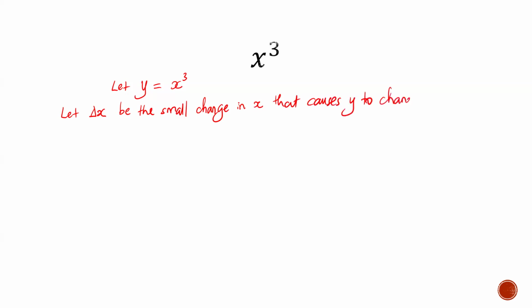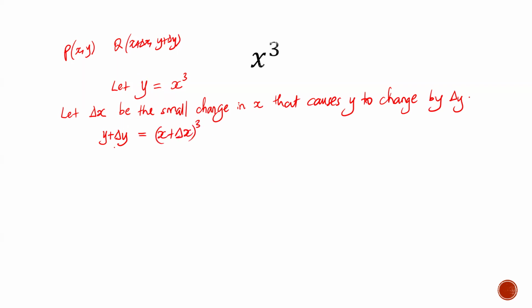That's what we'll have. And then what we're setting up really is a point P whose coordinates are x, y, and a point Q whose coordinates are x plus delta x and y plus delta y, with both these points being on the curve y is equal to x cubed. So that would mean that y plus delta y is in fact equal to (x plus delta x) cubed.